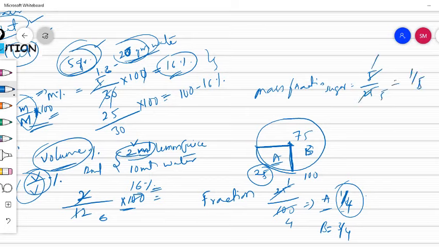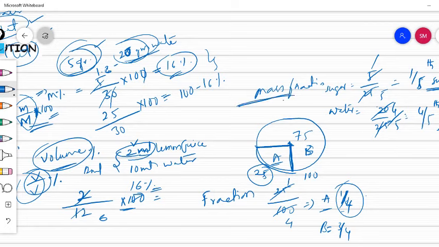A 1/5 fraction of the total mass is occupied by the sugar. In the same way, the mass fraction of water is 20/25, so 4/5. So a 4/5 fraction of the mass is occupied by the water. This is what mass fraction is.